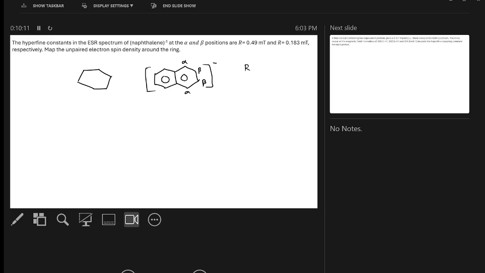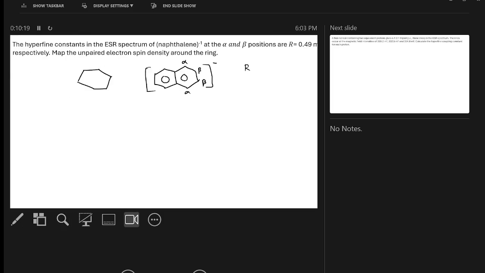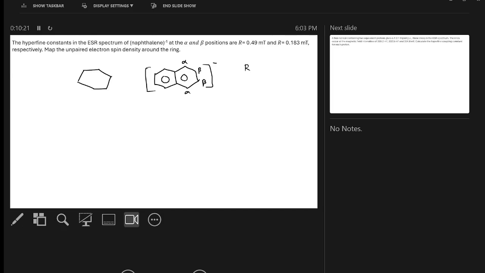This is not R, sorry, this is your A. A is 4.59 millitesla at alpha and 0.183 millitesla at beta. So you can also say the electron density at the alpha position is higher than beta.